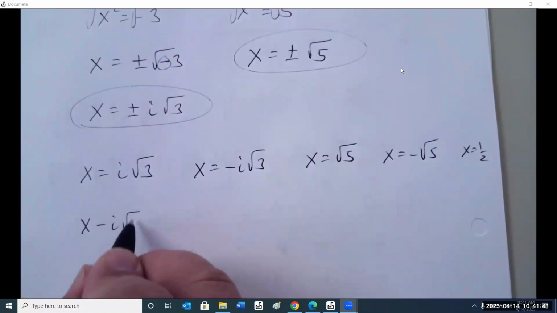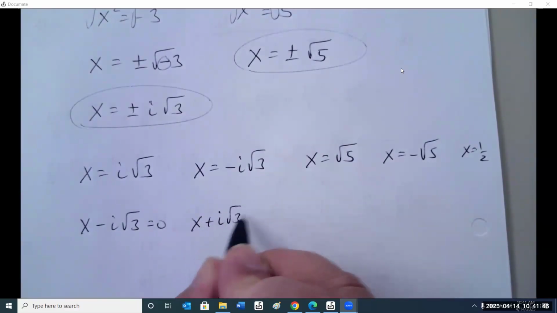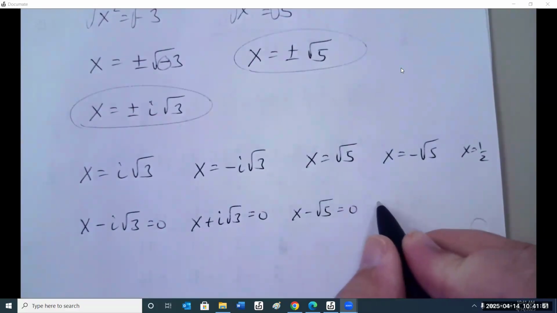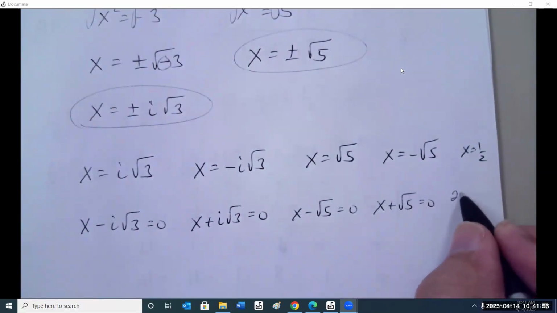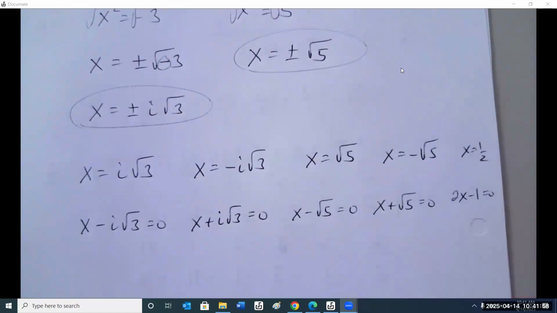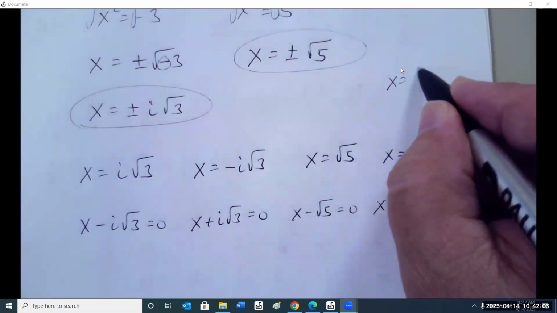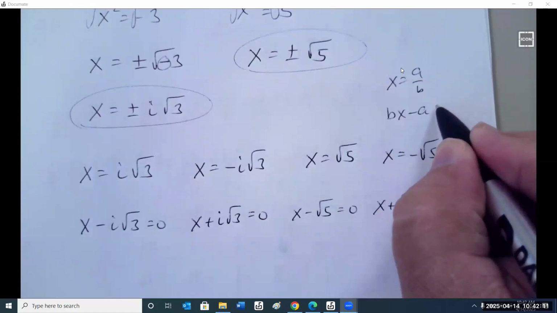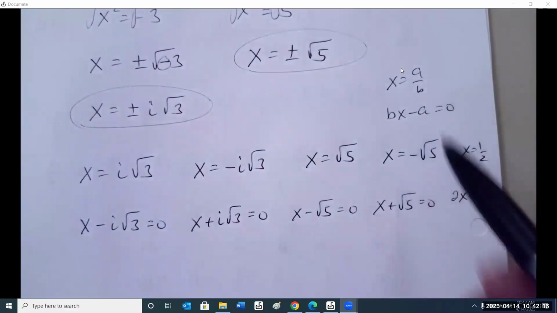Set them equal to 0. And so 2x minus 1 equals 0. Remember, whenever your x equals a over b, it will become bx minus a equals 0. Because you have to multiply the denominator and subtract the numerator.